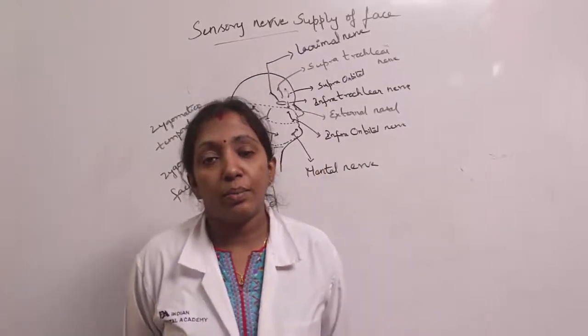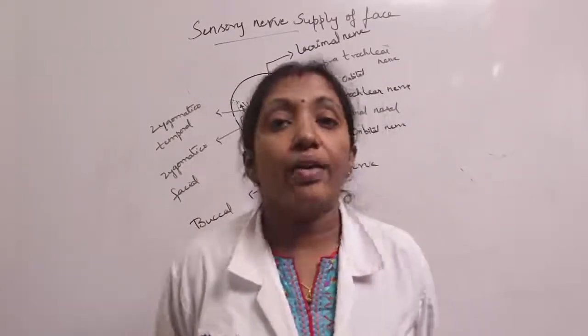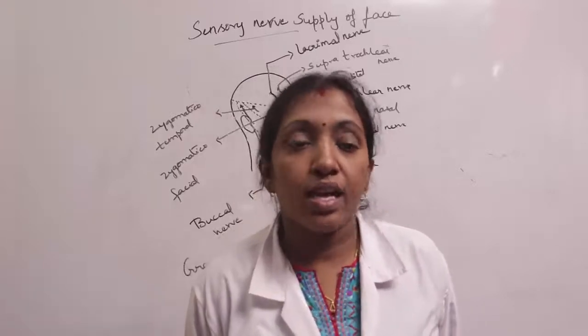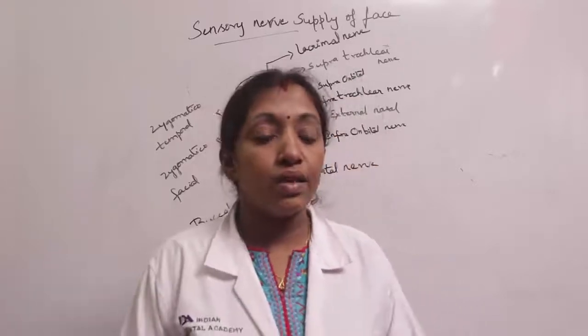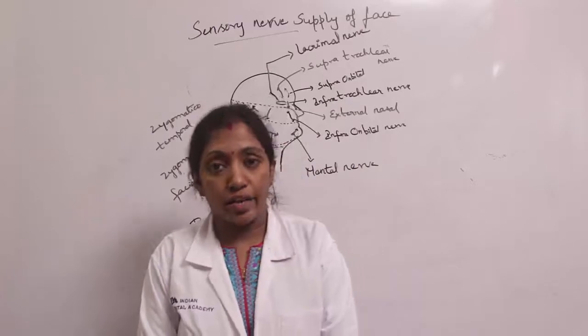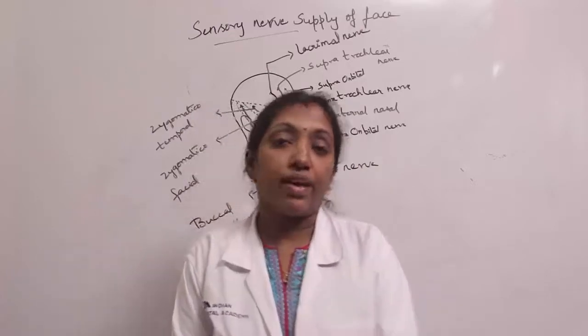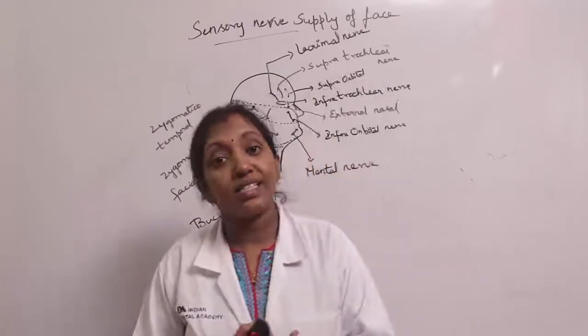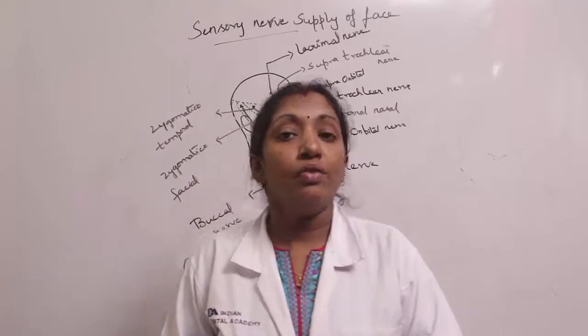Coming to the muscles of facial expression, we have numerous muscles on the face. They are subcutaneous in origin, and all the facial muscles are derived from the second pharyngeal arch. All the facial muscles except the masseter are supplied by the facial nerve.